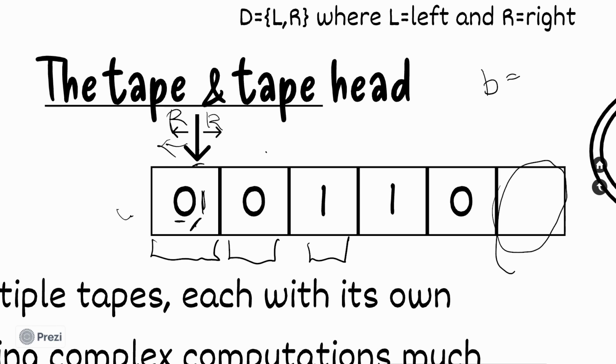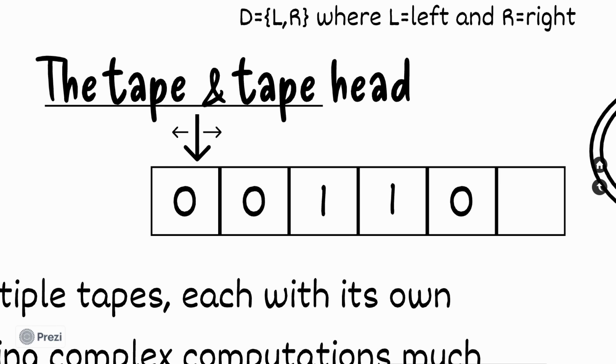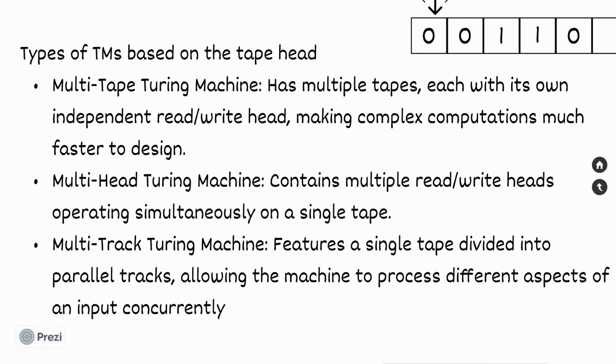Now, based on the tape, there are multiple variations of the Turing machine. There is the multi-tape Turing machine, which features multiple tapes, each with independent read and write heads.